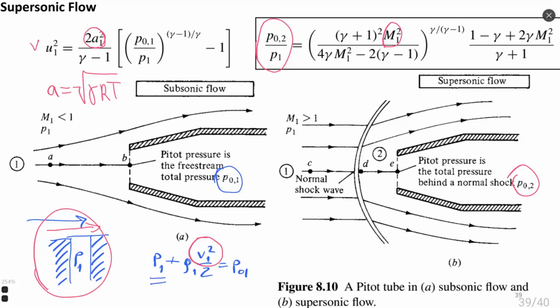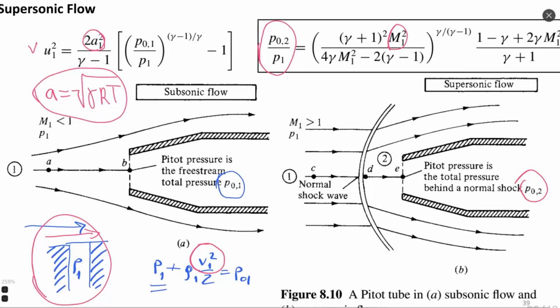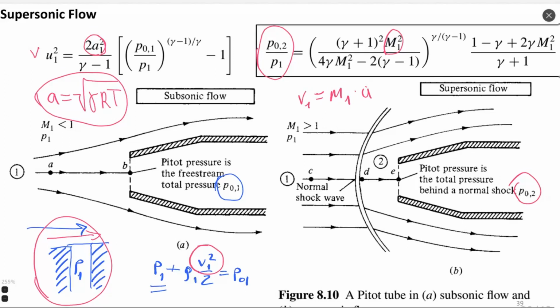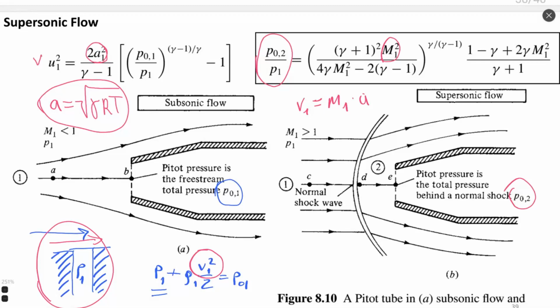After we estimate speed of sound by our known equation, velocity V1 will be equal to Mach number M1 multiplied by speed of sound. Okay, that's the algorithm for such calculation.